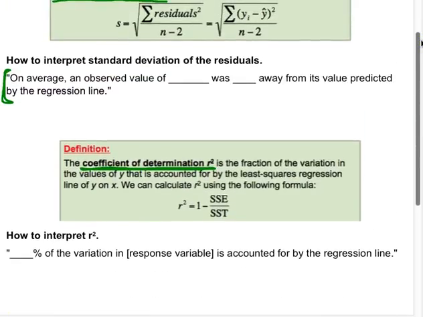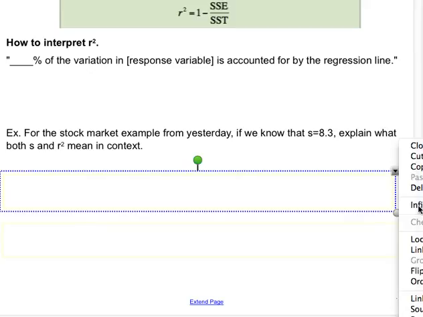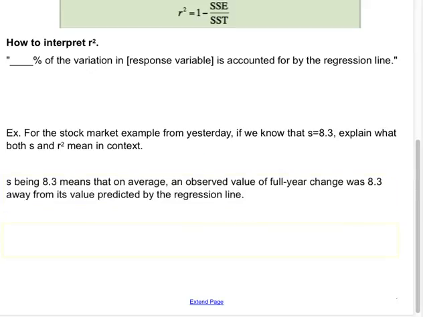So let's think of this format: on average, the observed value of blank was blank away from its predicted value by the regression line. So S being 8.3 means on average, an observed value of full year change was 8.3 away from its predicted value by the regression line.